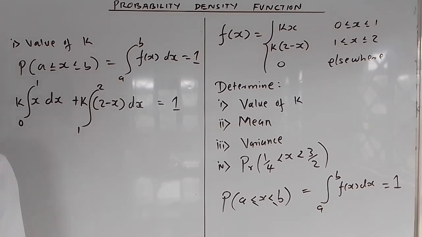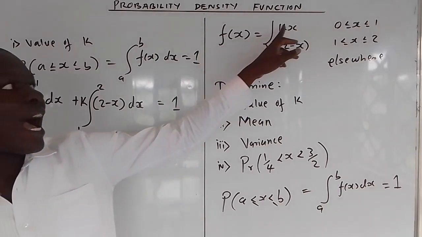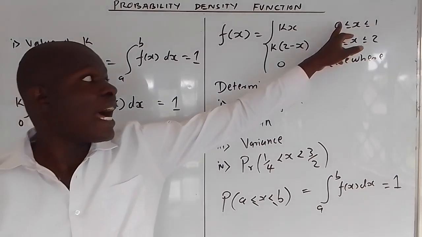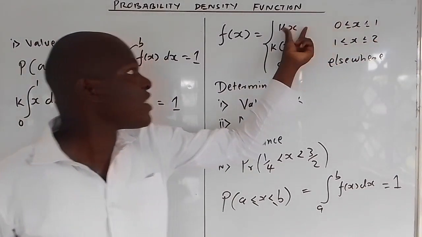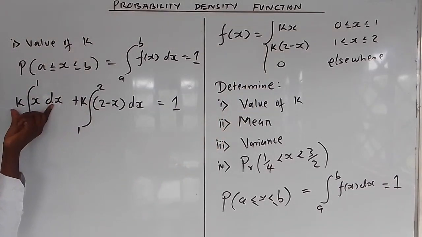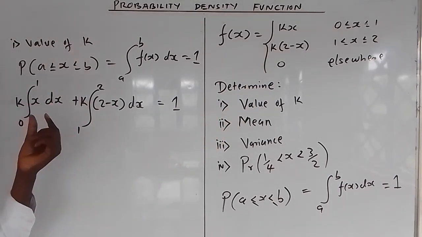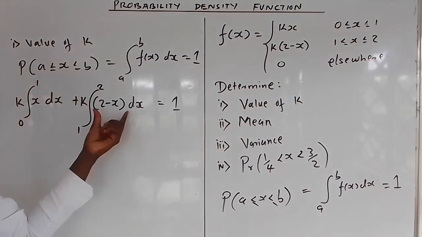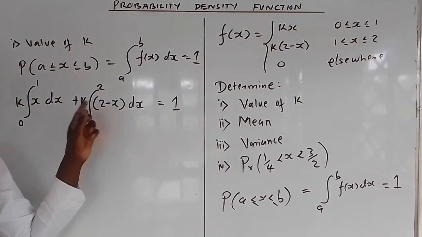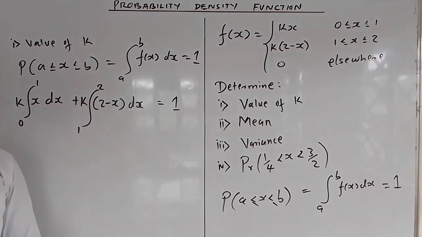So the function f of x has different definitions on different intervals. From 0 to 1, f of x is kx, and from 1 to 2, f of x is k into 2 minus x, and in both cases we factorize the constant outside.